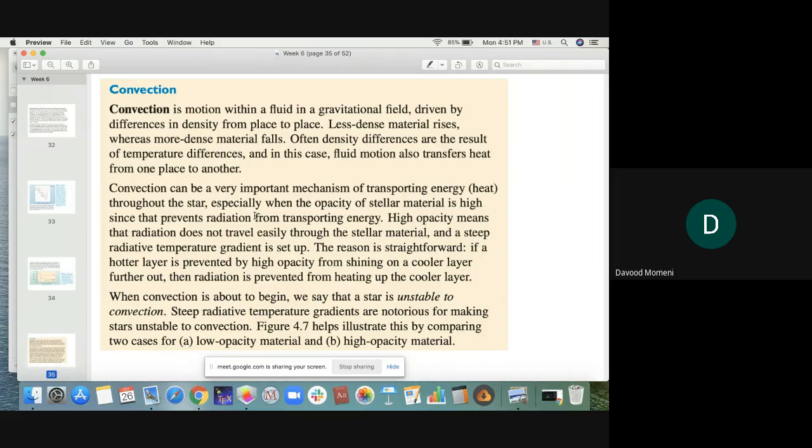The reason is that a hotter layer is supported by high opacity, like shining or cooler layers, but the radiation is prevented from heating up the cooler layer.